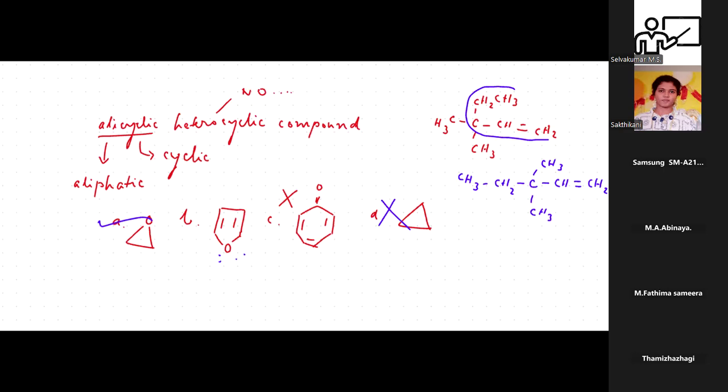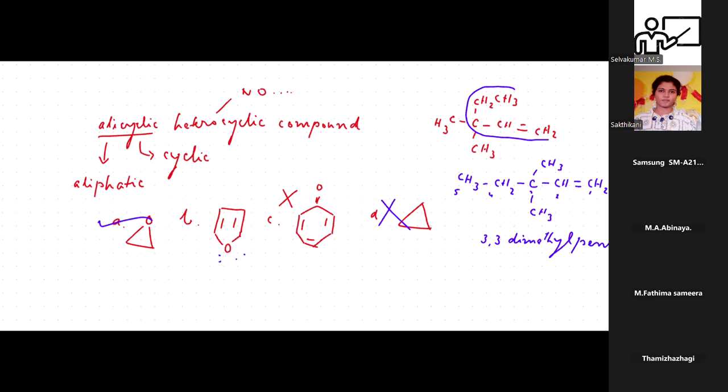So 1, 2, 3, 4, 5. So the substitutions, two methyl groups, are attached to the third carbon. Therefore, it is 3,3-dimethyl pent-1-ene. 5 carbons are there.